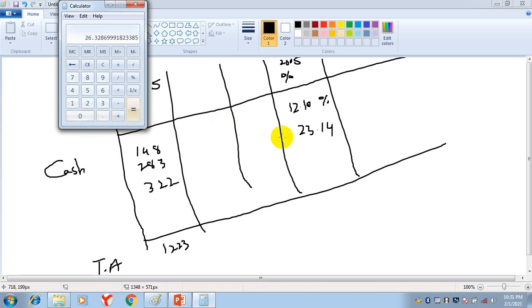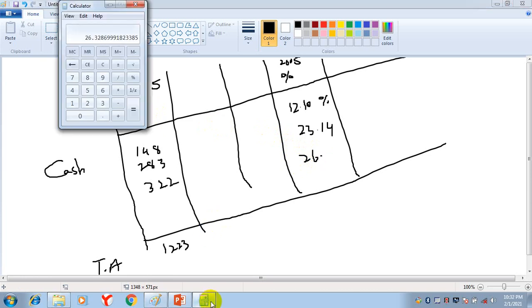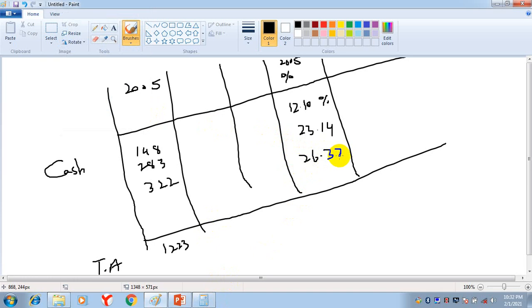So we will get 26.32. Similarly, we will apply this method to all the items in 2005.